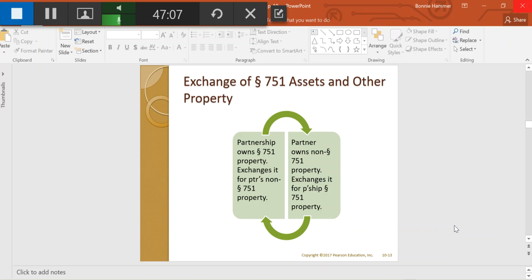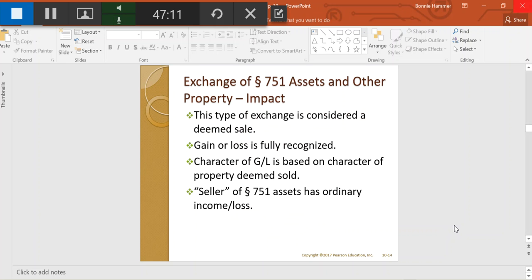And at this point, we're going to go through the problem. I'll go through the slide real quick. So if you have that situation that I just mentioned, then this type of exchange is considered to be a deemed sale instead of a distribution. And the gain or loss on the deemed sale is fully recognized.